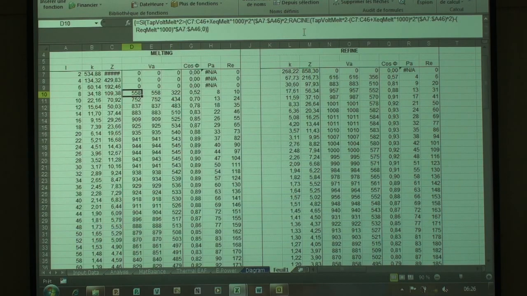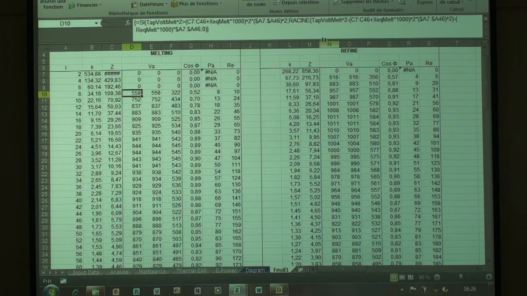First of all, I calculate the square root. So in fact, it's just an impedance calculation. So this is the tap voltage square minus the impedance plus X, meant.